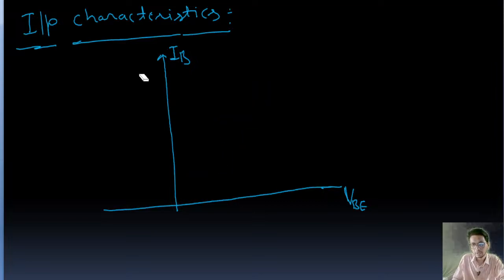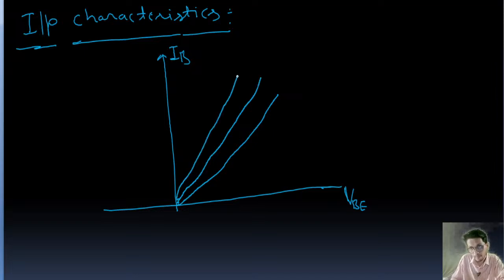These are not straight lines, they look like this. So this is the graph, and here VCB or VBC, VCE. This is constant, guys.